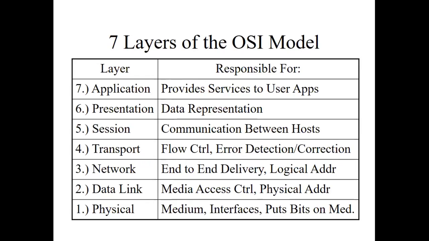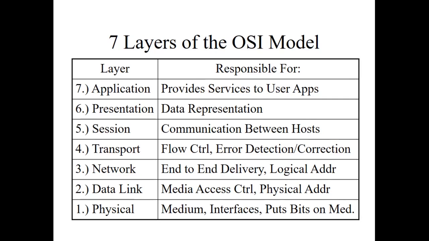So these are the 7 layers: application, presentation, session, transport, network, data link, and physical. The application layer is responsible for providing services to user applications. Then the presentation layer represents the data.